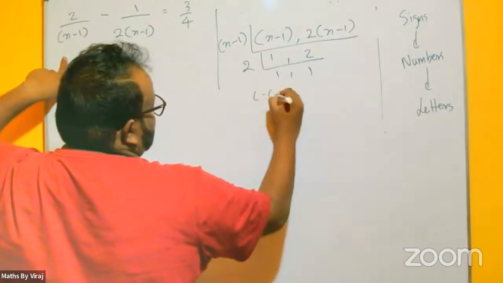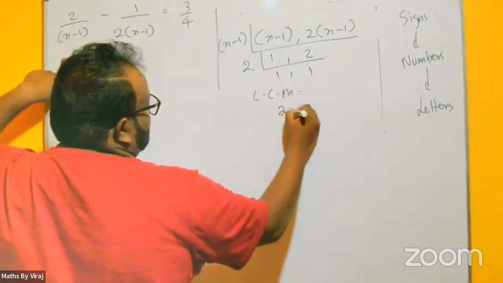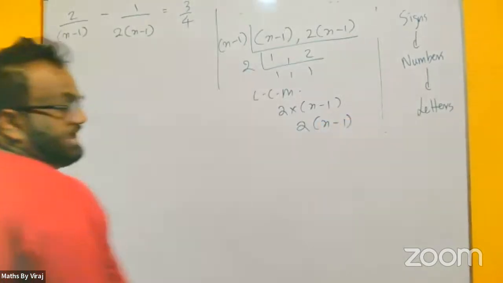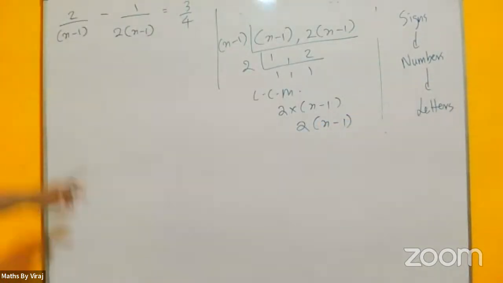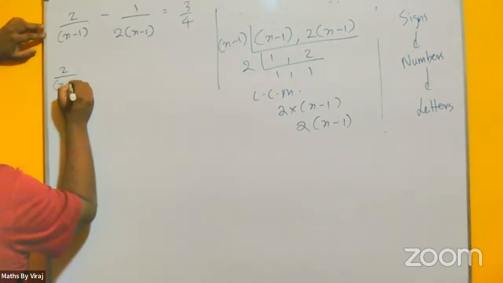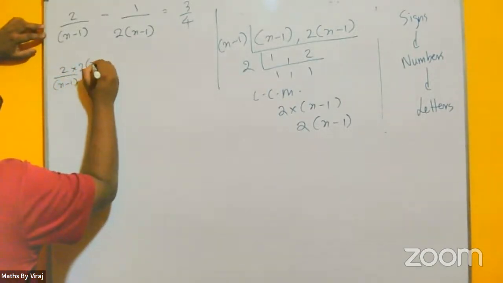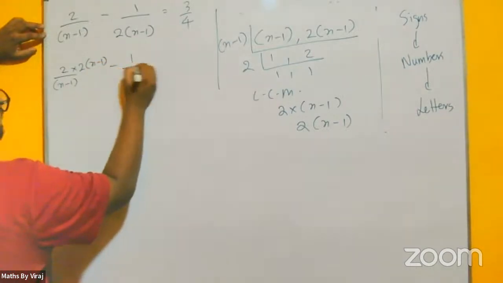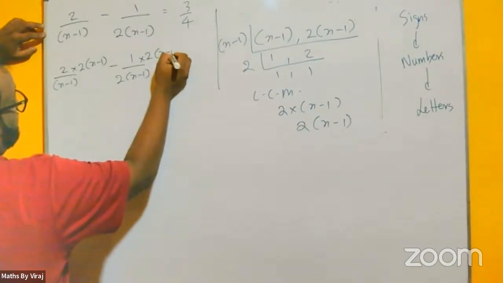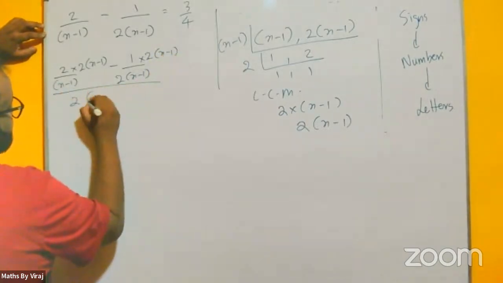So the LCM here is, children, 2 into x minus 1, 2 times x minus 1. This is the LCM that we have. Therefore, what do we do? We multiply each and every fraction with the found LCM.